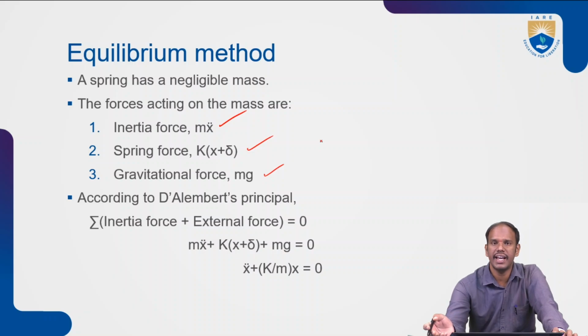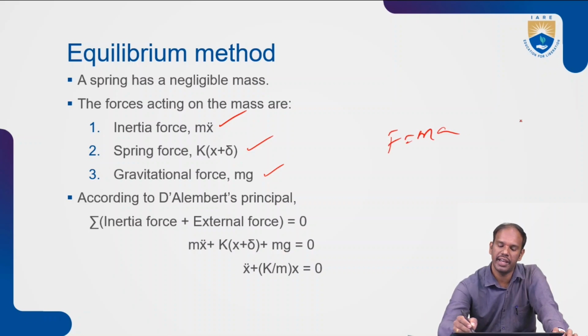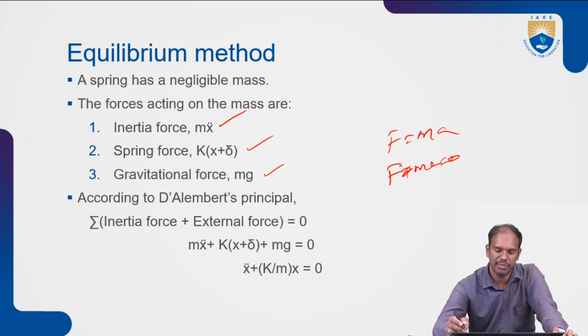So according to D'Alembert's principle, the sum of the inertial forces plus external forces should be zero. Like we have taken F equals ma, D'Alembert's principle says that F minus ma will be zero.